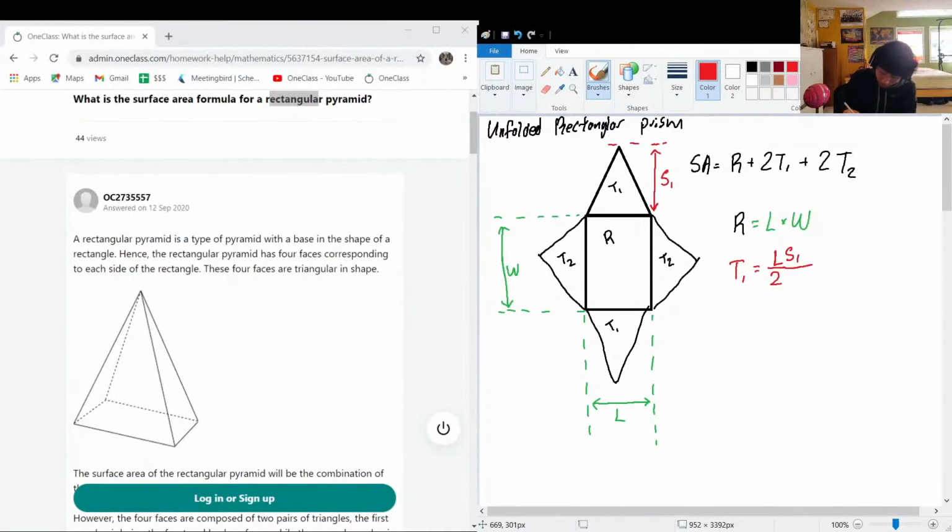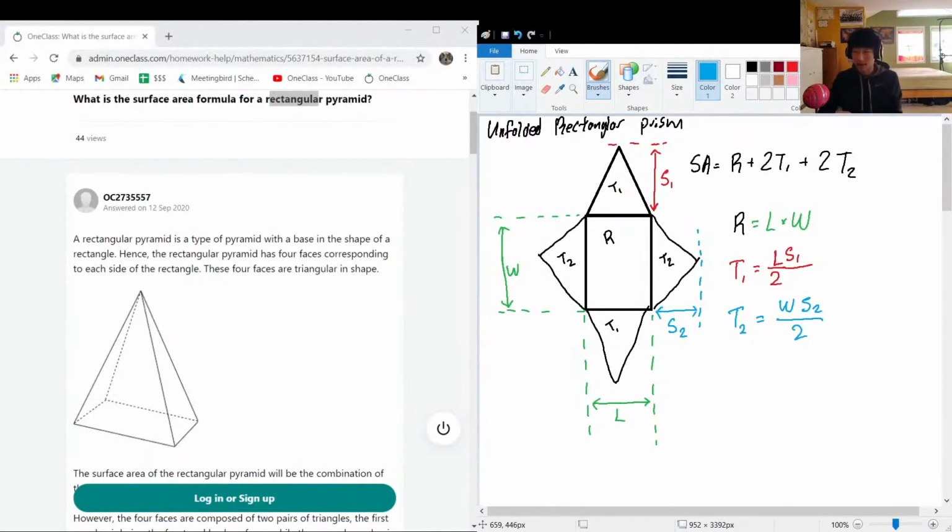And for the second triangle, let's put that in blue. This is going to be slant number 2, and for this it's going to be a similar type of operation. So it's going to be width instead of length, times slant 2, divided by 2.